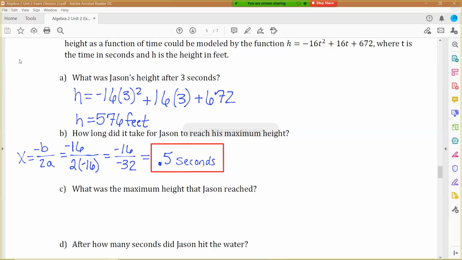To figure out Jason's maximum height, we're going to take that 0.5 and plug it back in for part C. So we're going to find his height at half of a second. So negative 16 times 0.5 squared plus 16 times 0.5 plus 672.